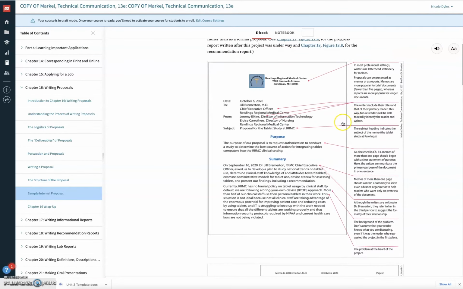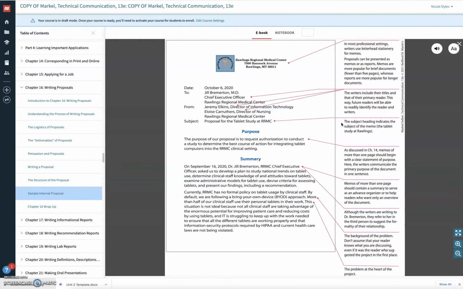This is the example from the textbook in the 13th edition of the Markel textbook. This example starts on page 453 and it goes all the way through page 459.